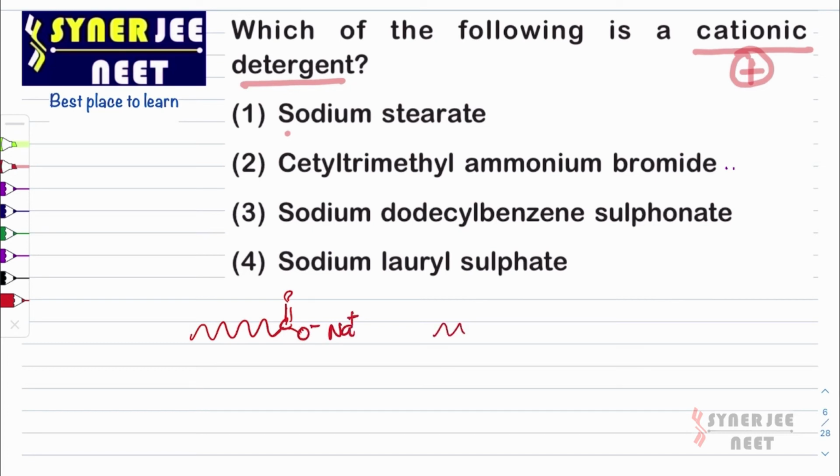And in some there is an SO3 minus, and the inorganic part will be like this. And in some, some carbon group will be there. How many carbons and all you need not remember, but some organic part, a carbon group part, will be there like this, and some inorganic ion like this.